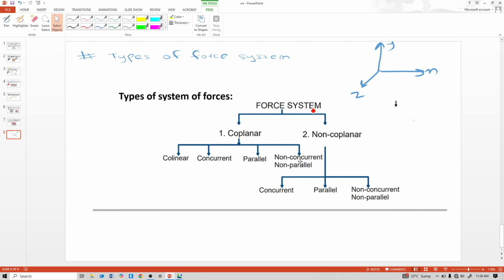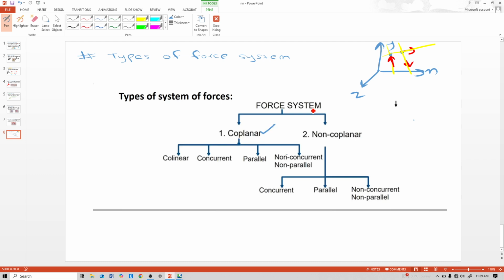Coplanar non-concurrent force system. In a coplanar non-concurrent example, forces are in one plane only, but their lines of action will not meet in a single point. See, the line of action of this force and this one are not meeting in a single point, because one point is here, one point is here, but the forces are in one plane.